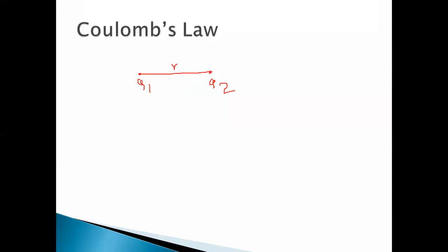Coulomb's law states that whatever be the force acting on charges, this force is given by Coulomb's law. I consider that two charges are there, and these two charges are separated by distance r. Now this Q1 will act some force on charge Q2, and this Q2 also will act some force on Q1.